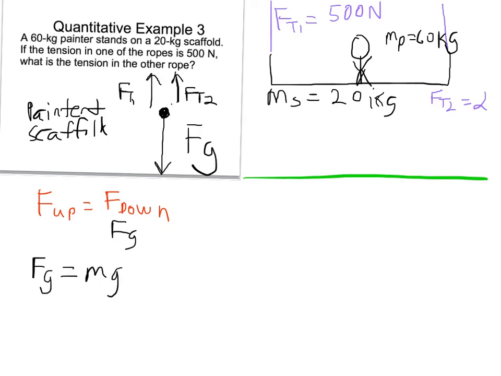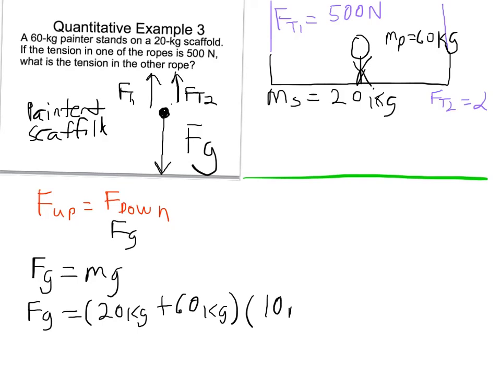And I'm going to do both objects at one time, so I'm going to find the total force of gravity on the painter and the scaffold, so 60 kilograms and 20 kilograms, times force of gravity on Earth, 10 newtons per kilogram. 20 plus 60 is 80, times 10 is 800 newtons. Okay, that is my down force.